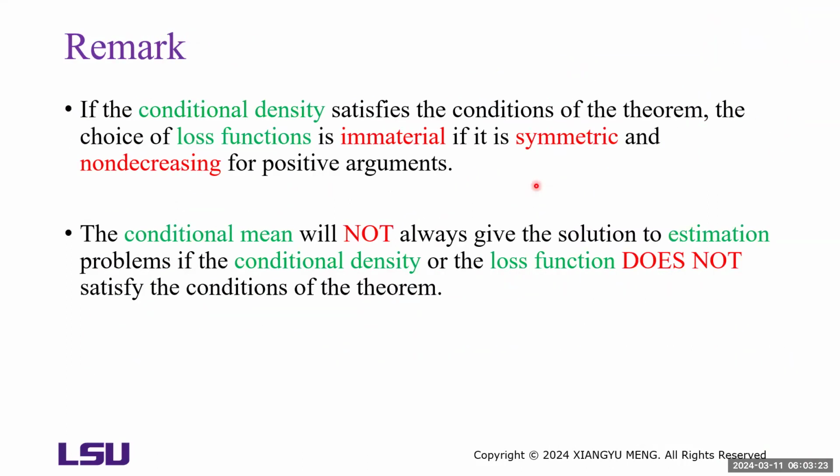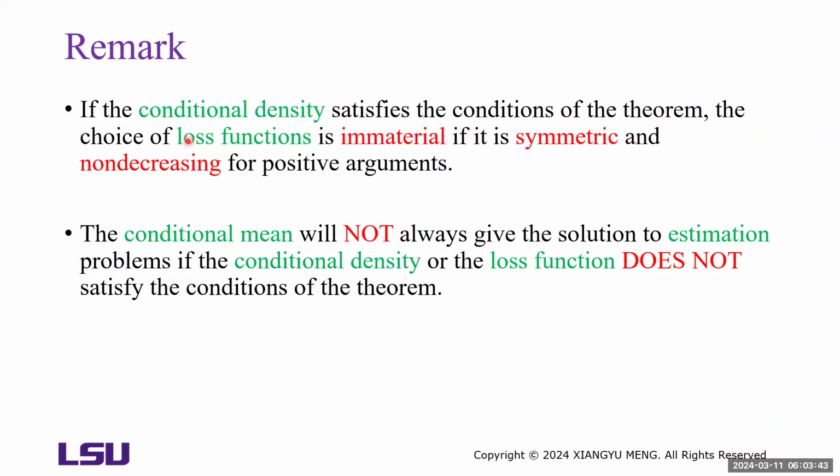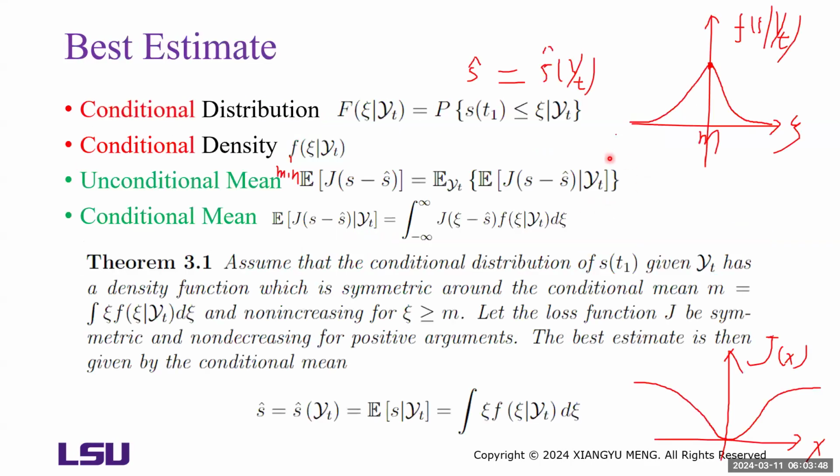I'll give two remarks. Based on the theorem, if we know the conditional density function satisfies the condition of the theorem, that is, it is symmetric around the mean and non-increasing for c greater or equal to m, then the choice of the loss function is immaterial if the loss function is symmetric and non-decreasing for the positive argument.